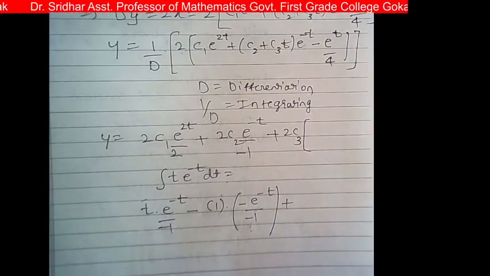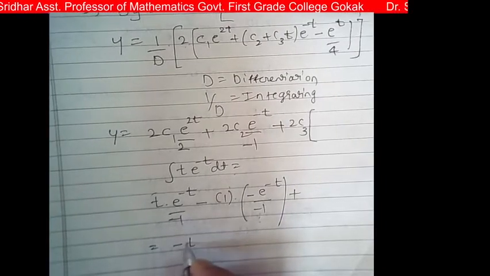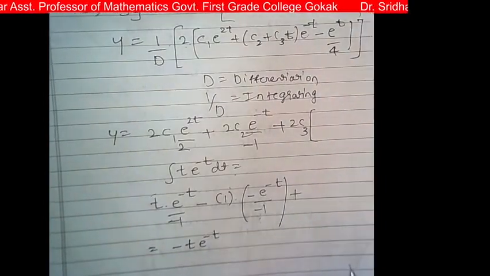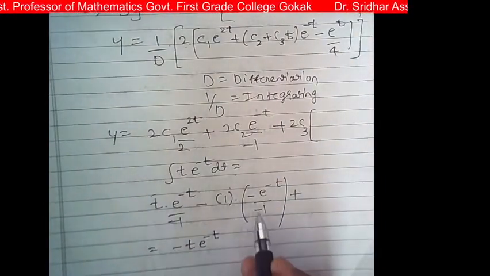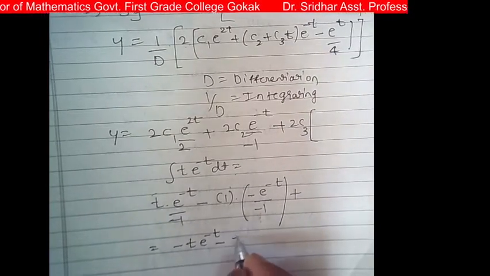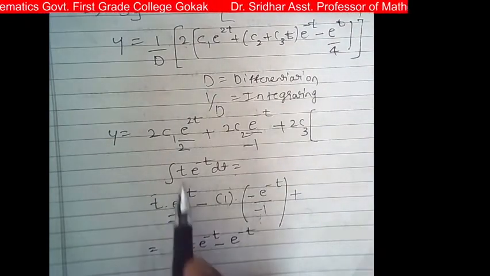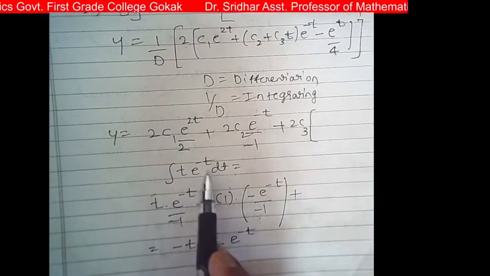So this is equal to minus t e raised to minus t, then minus into minus is plus, plus into minus again minus e raised to minus t. This is the integration of t into e raised to minus t dt.